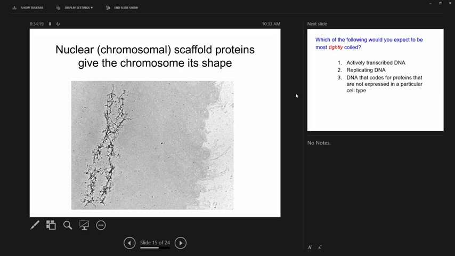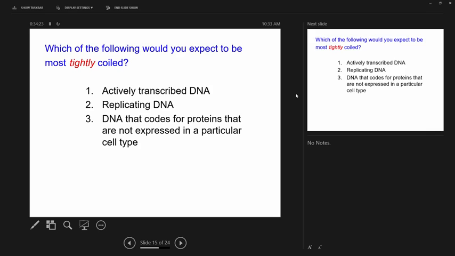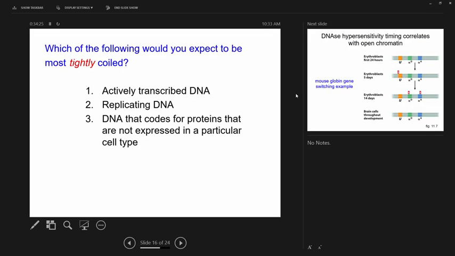All right, so in eukaryotes, which of the following would you expect to be most tightly coiled versus least tightly coiled? Think: most tightly coiled is going to be inaccessible, and least tightly coiled is going to be more accessible to proteins.